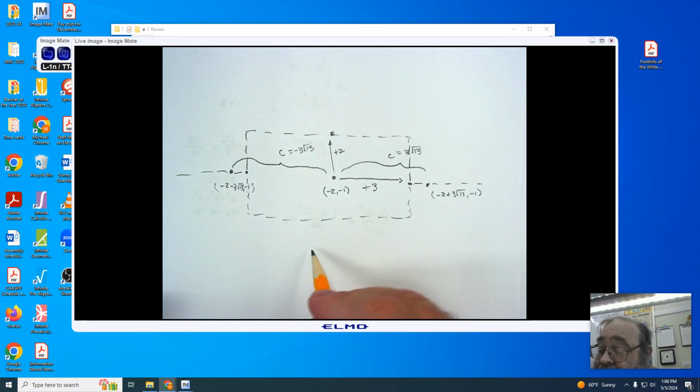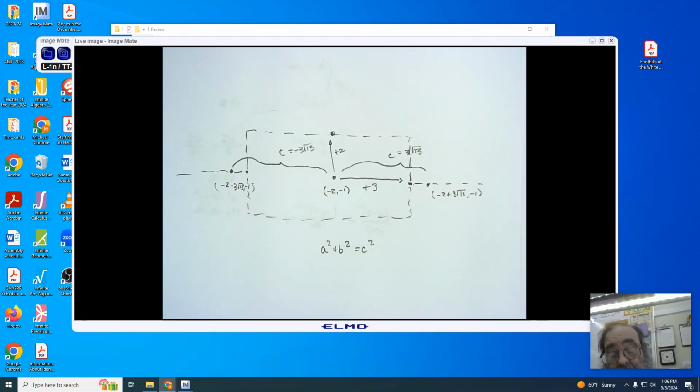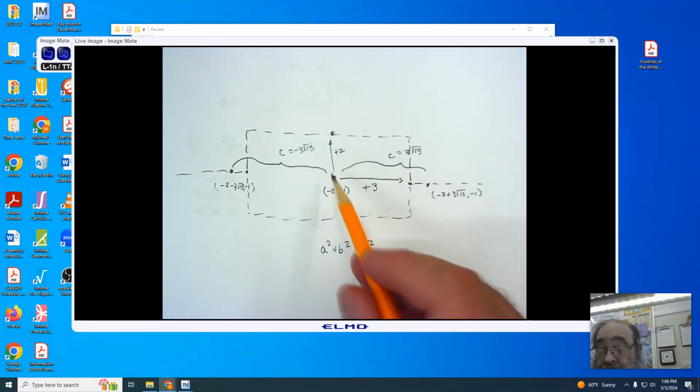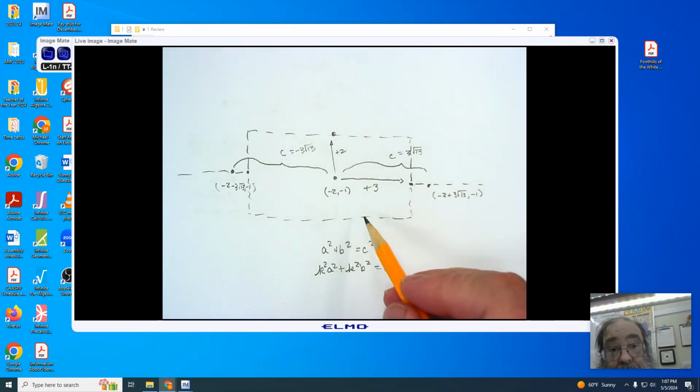Now that means I'm going, oh, okay. So I have a squared plus b squared equals c squared, right? But wait a minute, things could have been reduced in this fraction here. So let's think about that. That means I could have some constant, k squared a squared plus k squared b squared, is really equal to c squared, because the fraction has been reduced.